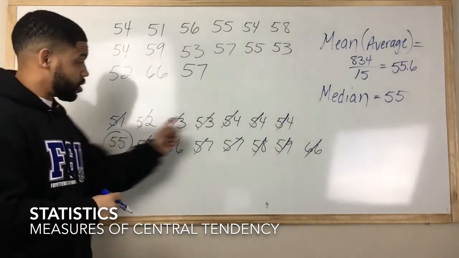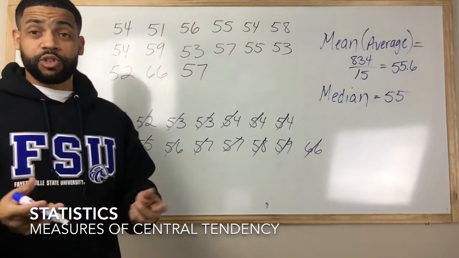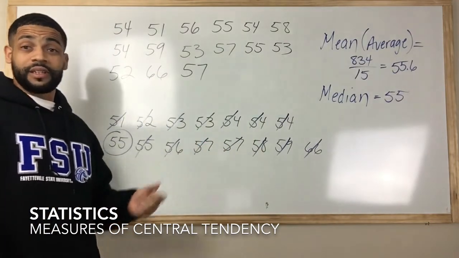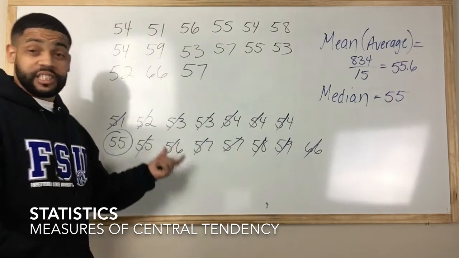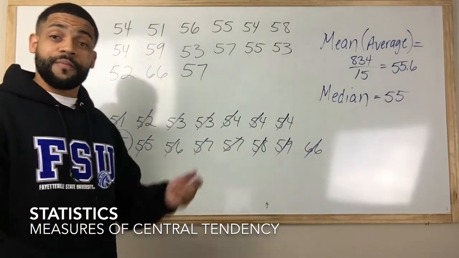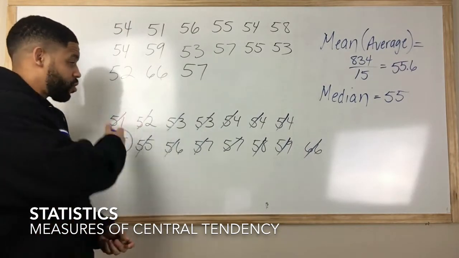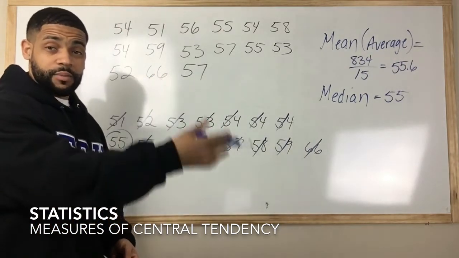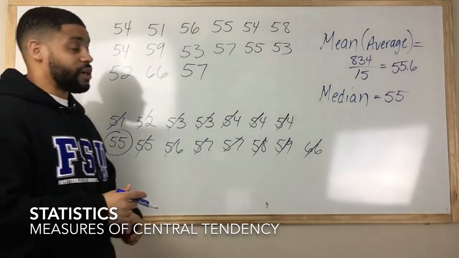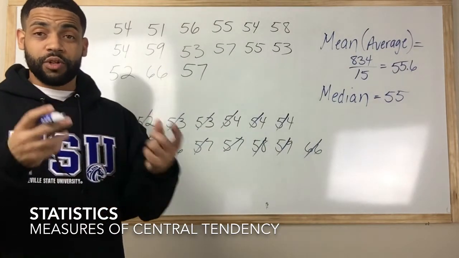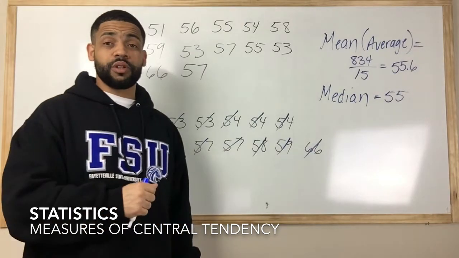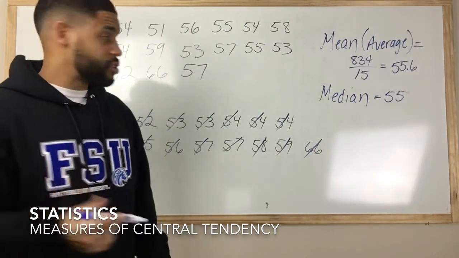For kids that are visual, this is the best way to find the median. It doesn't matter what level you're at or how old you are; this is a very simple way to find the median. Order the numbers from least to greatest and cross out a number on the front end and the back end until you're left with one number. In the event that you're left with two numbers, you find the mean of those two numbers: add them up and divide by 2.